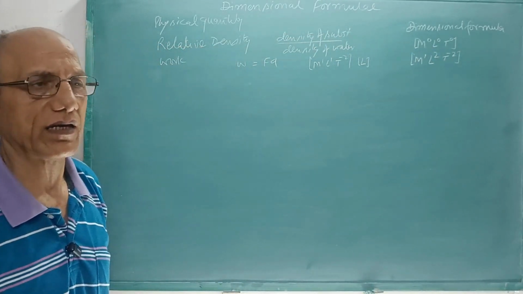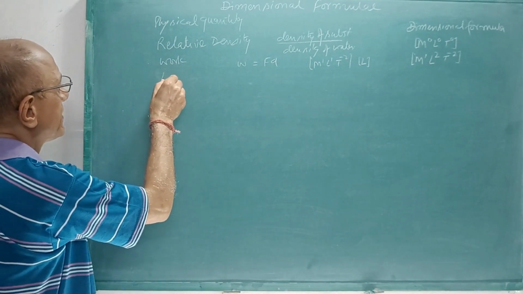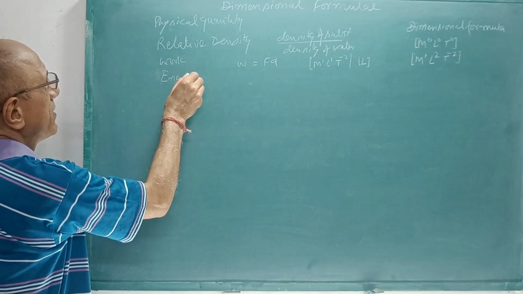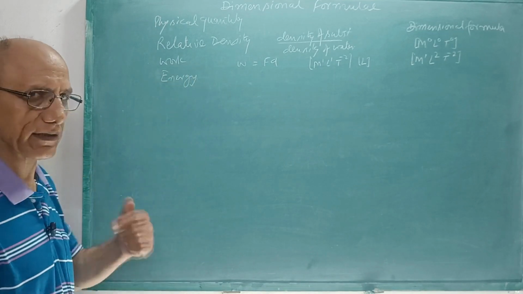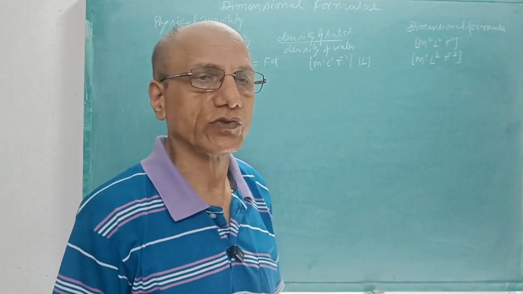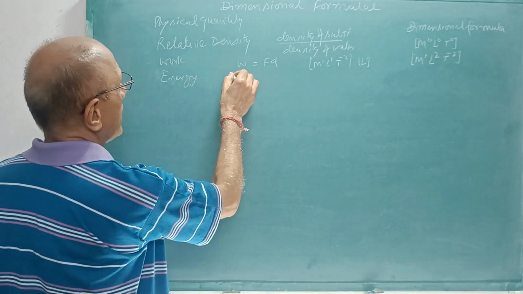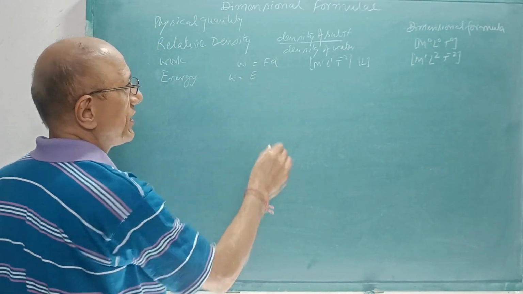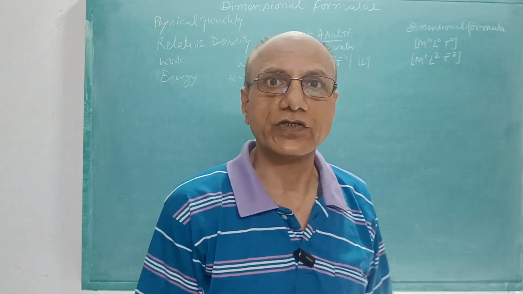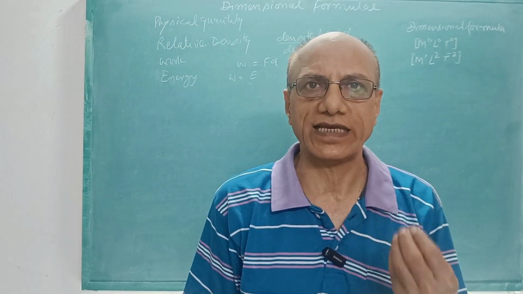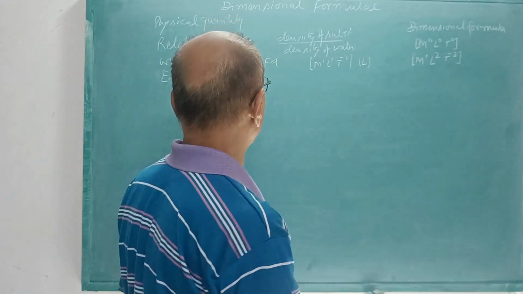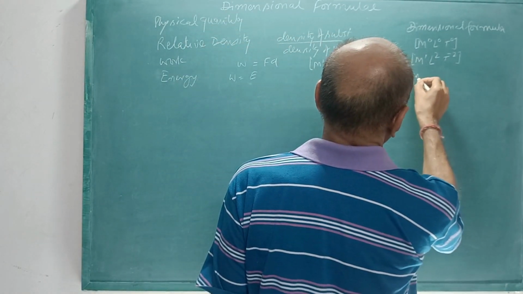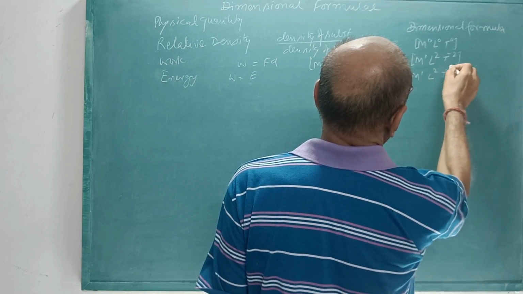So that will be the dimension formula of the energy. Work is equal to energy, so W equals E. That's why the units of work and energy are the same, that is joule. So the dimension formula for energy is also M1 L2 T minus 2.